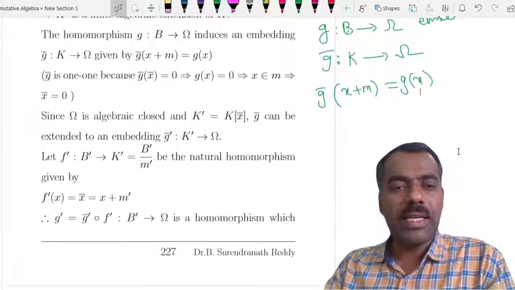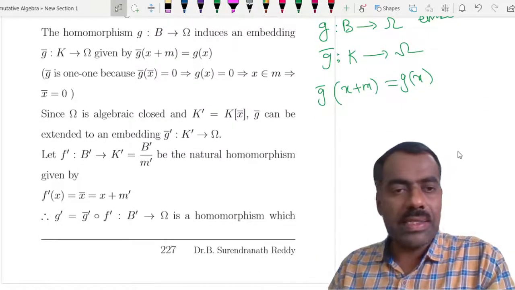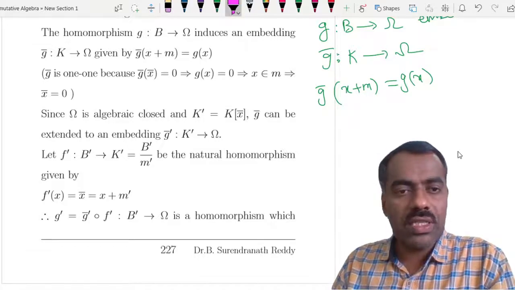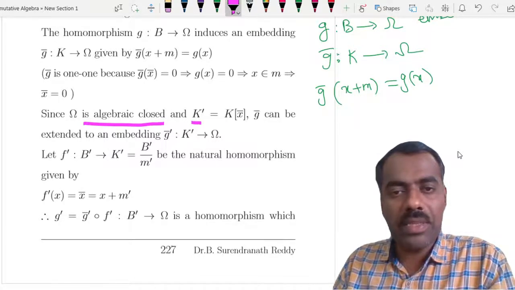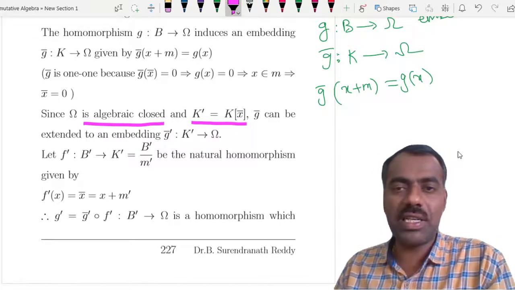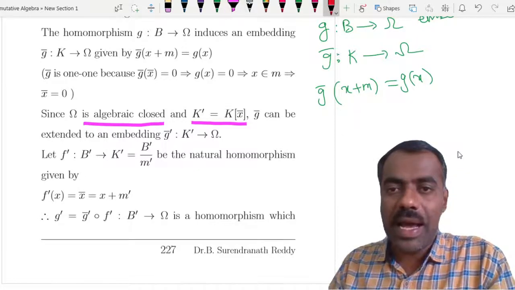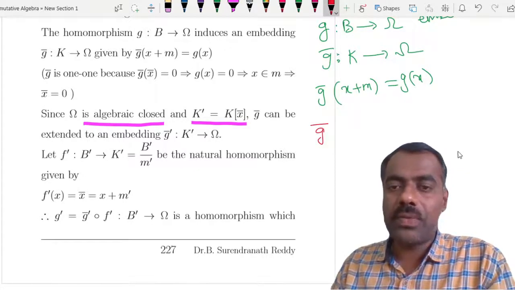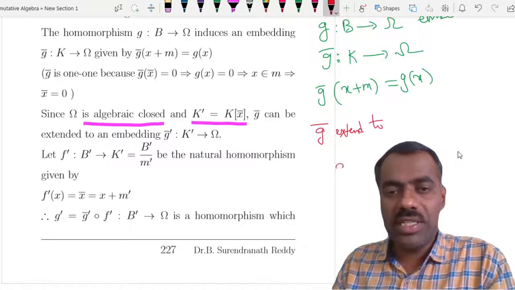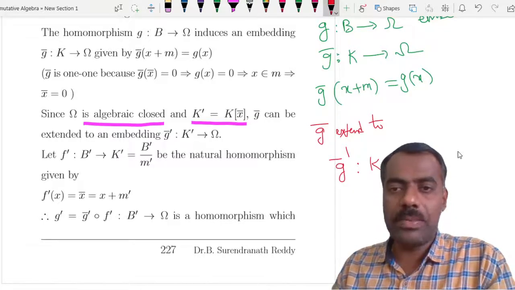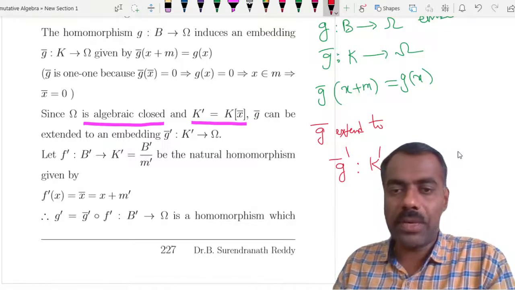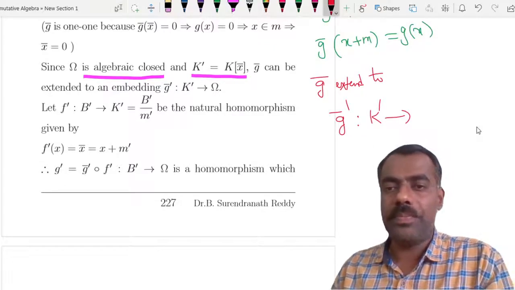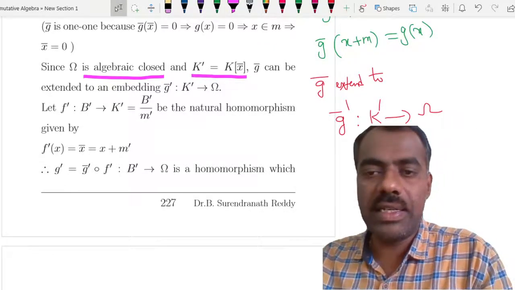Now because omega is algebraically closed and K prime is K[x bar], which is a finite extension, this g bar can be extended to g bar prime from K prime to omega. Again, a standard result in Galois theory.